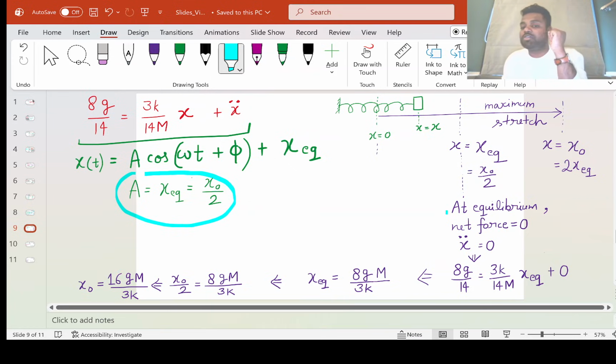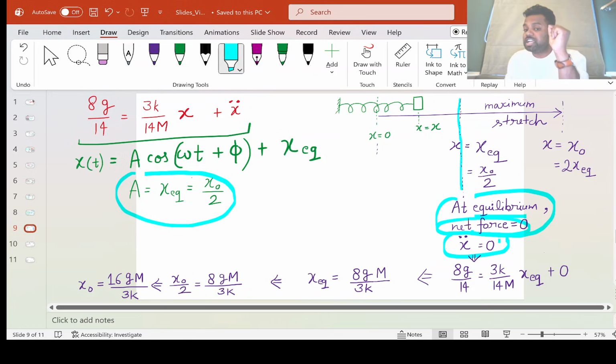Now, let us find the equilibrium position. You must know this fundamental rule: how do you define equilibrium? The net force will be 0. And if the net force is 0, that means x double dot, the net acceleration, at equilibrium will be 0.